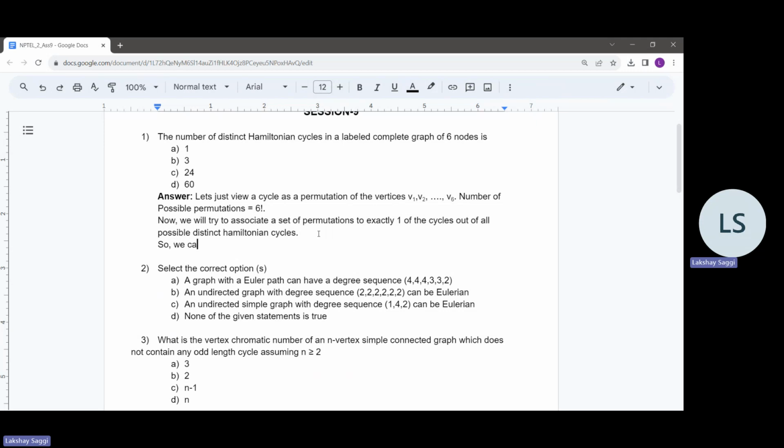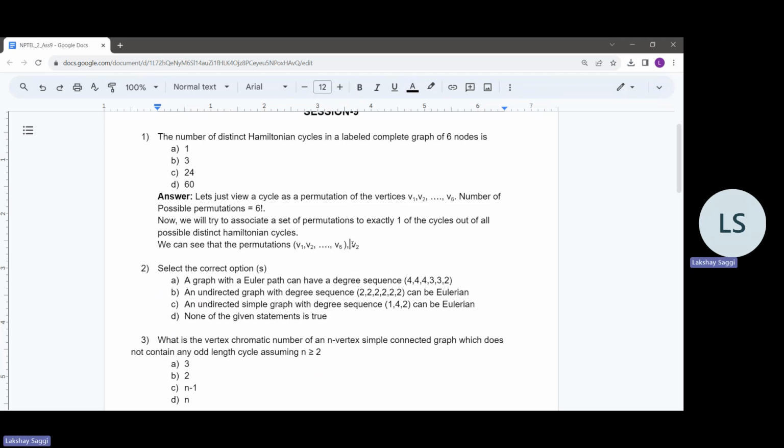To give you an intuition, I'll put these permutations in parentheses so you don't get confused about where they are separated.